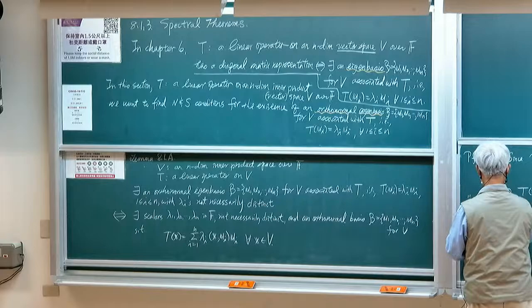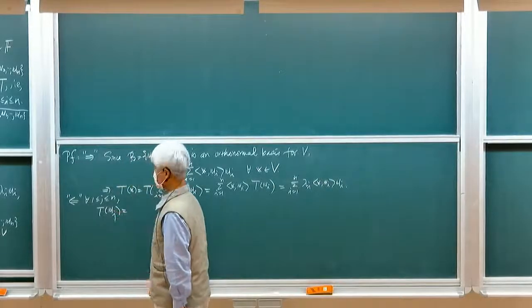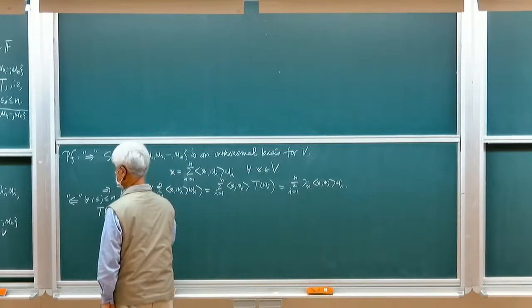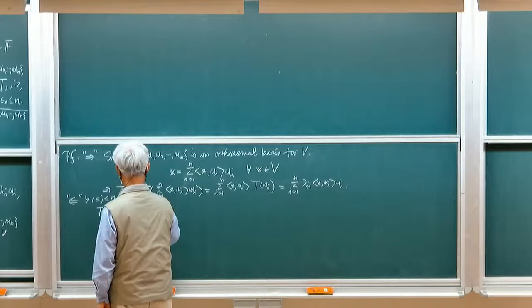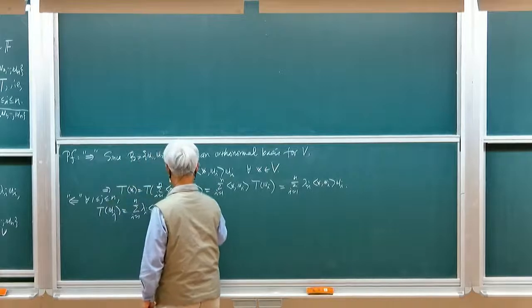So for all j from 1 to n, we look at T u_j, and this is the sum of lambda_i times the inner product of u_j and u_i, times u_i.